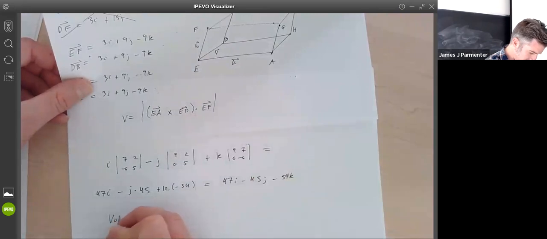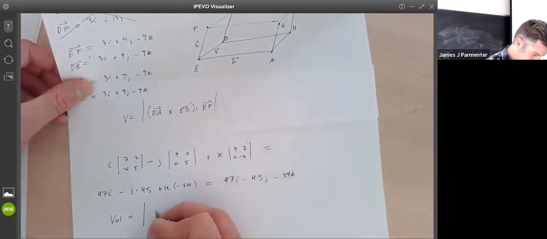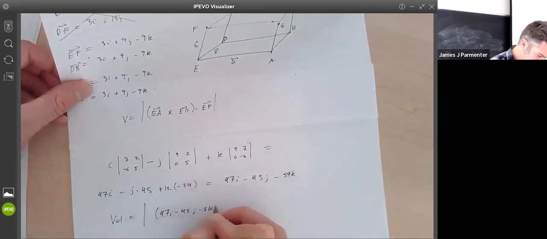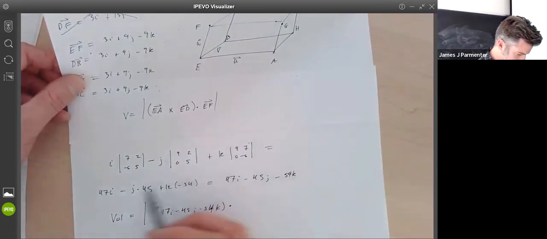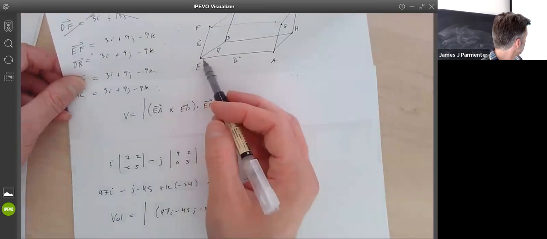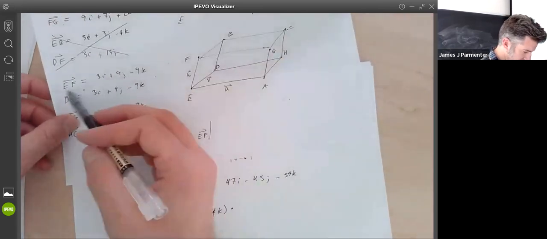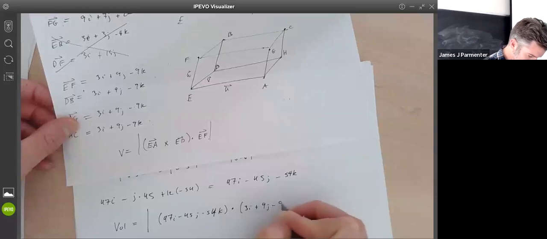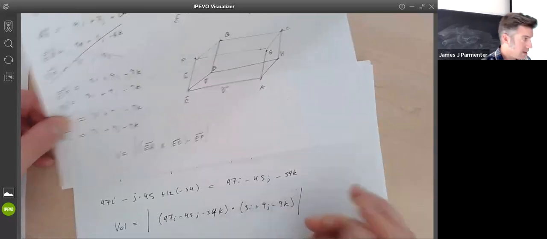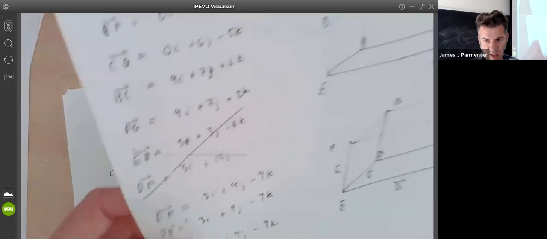So the volume is going to equal the absolute value of this vector, 47i minus 45j minus 54k, dotted with our vector EF, which is 3i plus 9j minus 9k. And then you just have to monstrously calculate this thing.